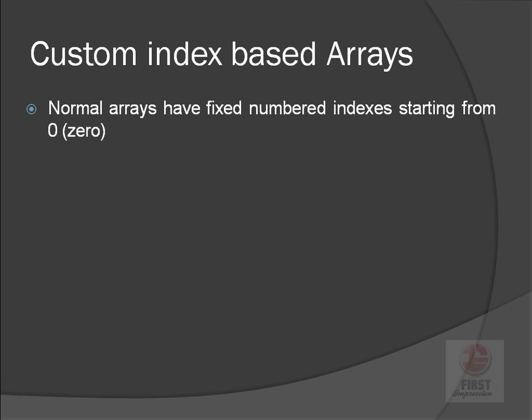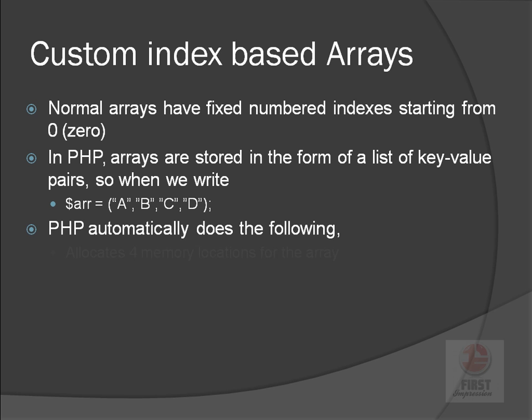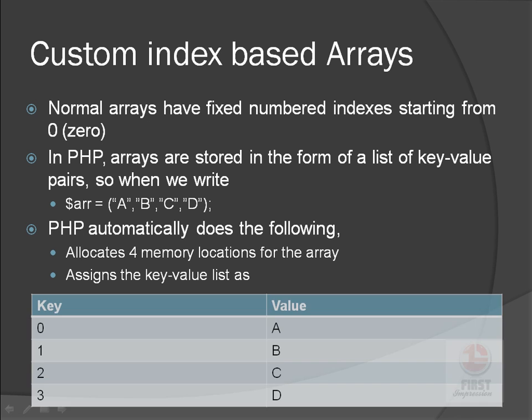So let's see how our array is actually stored. Normal arrays have fixed numbered indexes starting from 0. PHP arrays are stored in the form of key value pairs. So when we write $ARR equals ABCD, PHP will create a memory block inside its server, and that memory block will contain 4 keys.